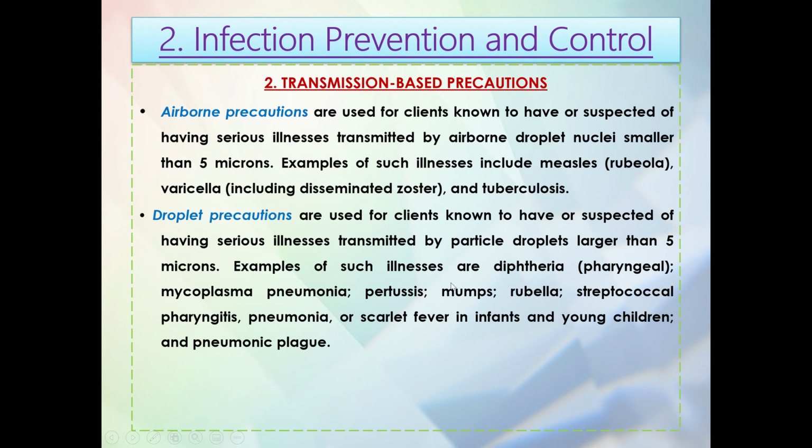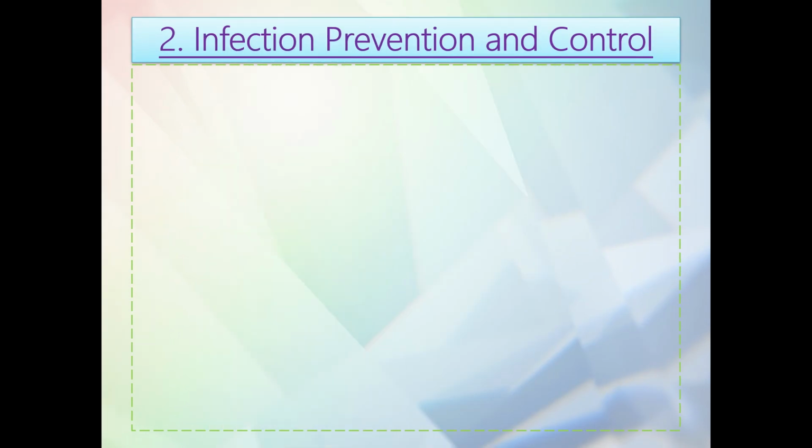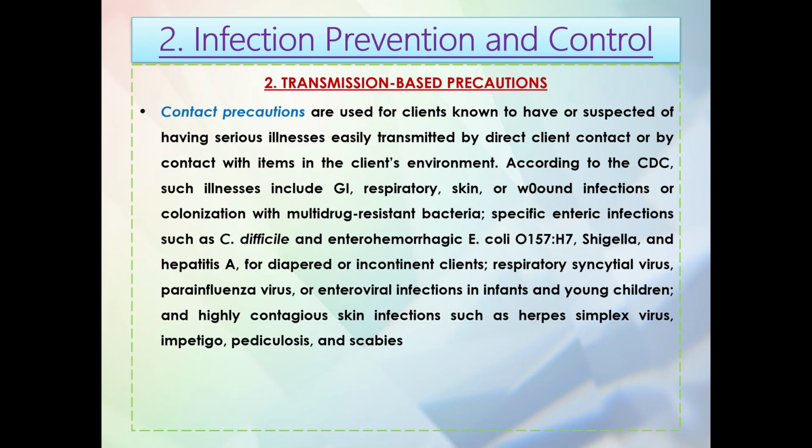Okay, so examples of such illnesses are diphtheria, mycoplasma pneumonia, pertussis, mumps, rubella, streptococcal pharyngitis, pneumonia, or scarlet fever in infants and young children, and pneumonic plague. So if that is the case of your patient, then you observe droplet precautions. And then the third one is contact precautions.